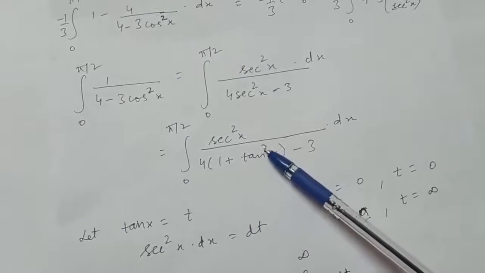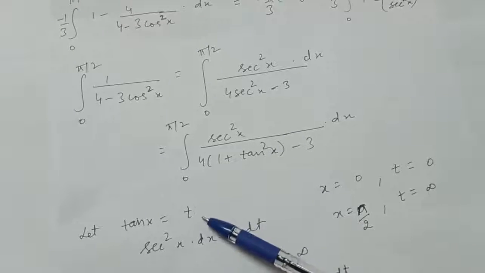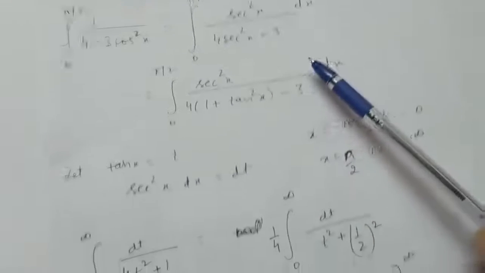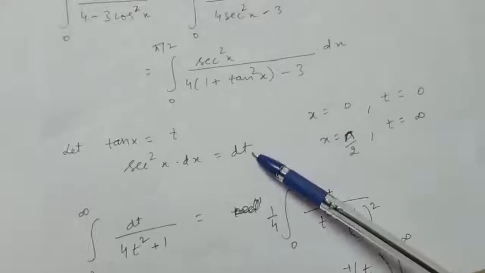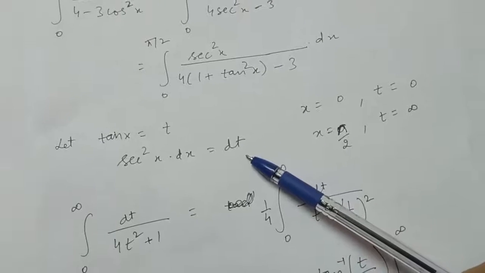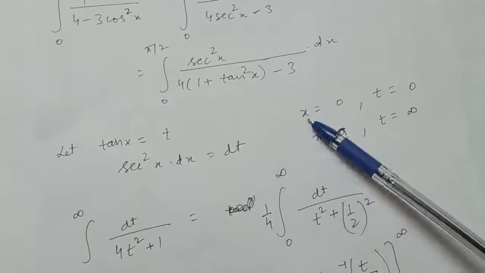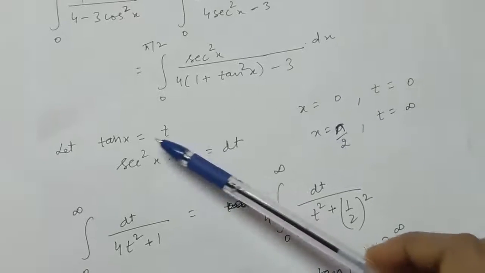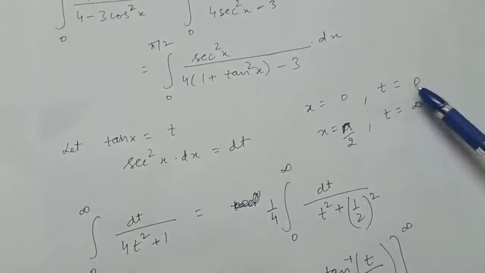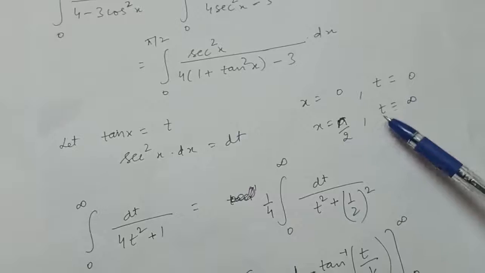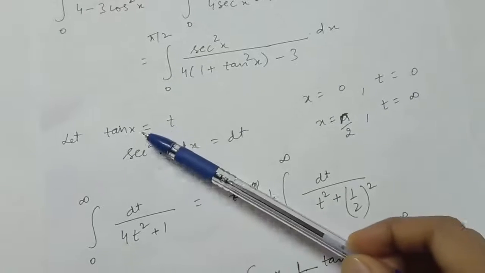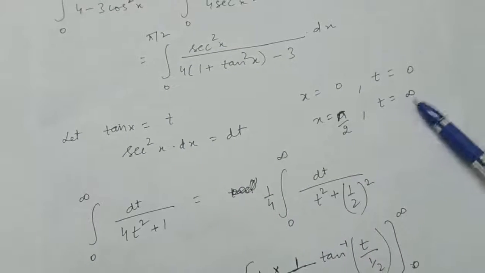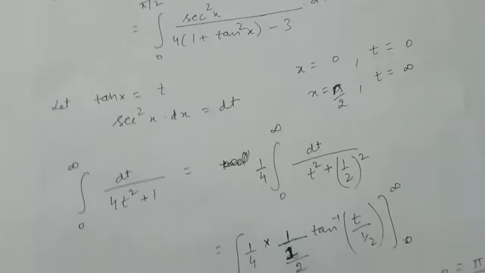Because now when you let tan x equal t, you will get secant square x dx equal to dt. Right? Also change the limits. When x is 0, t will be tan 0, and tan 0 is 0. And when x is pi by 2, t is tan pi by 2, and tan pi by 2 is infinity, because it is not defined.